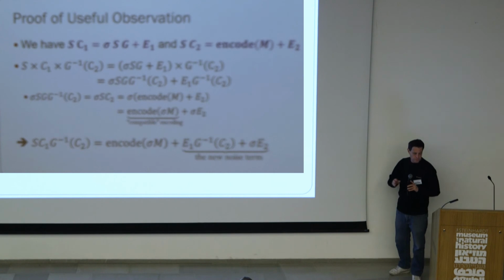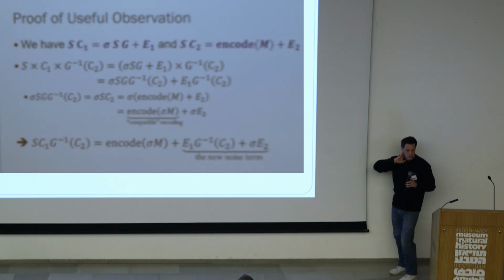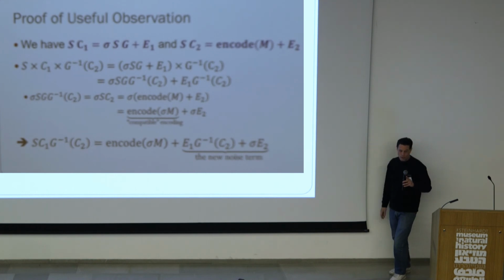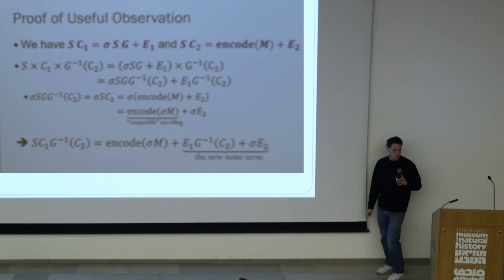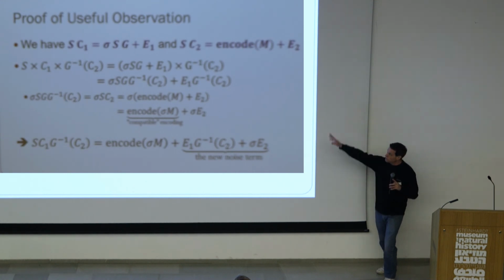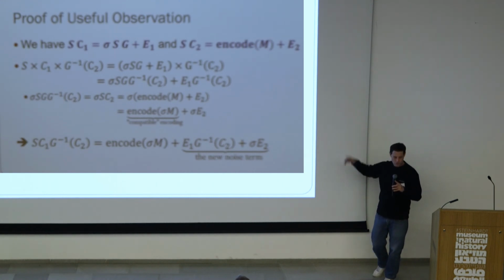Here's the proof. It's just algebra. You have these two invariants at the top, and you have your C1 times G inverse of C2 ciphertext, and you multiply it by the secret key. So you get the GSW invariant first. You open the parentheses. You get G times G inverse that goes away.